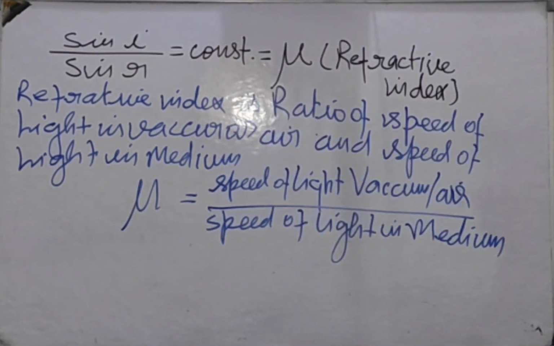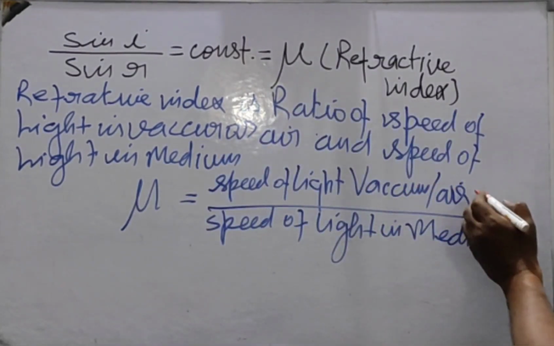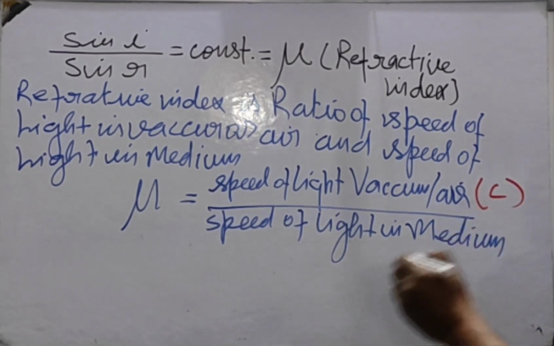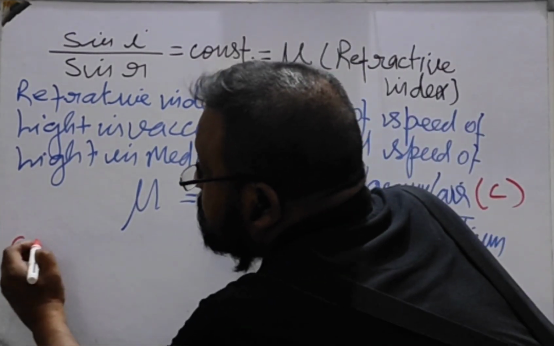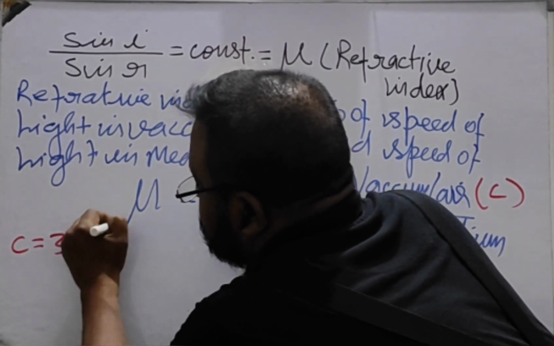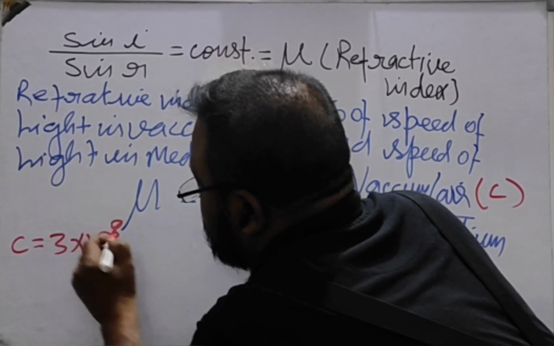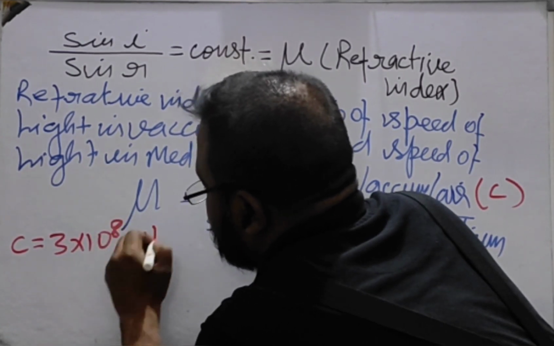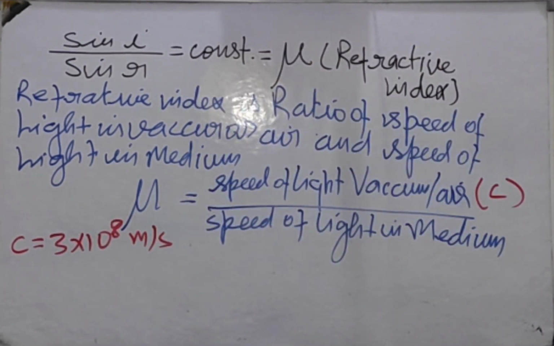If we say speed of light in vacuum or air is c, that c means a speed of 3 into 10 to the power 8 meter per second, right?